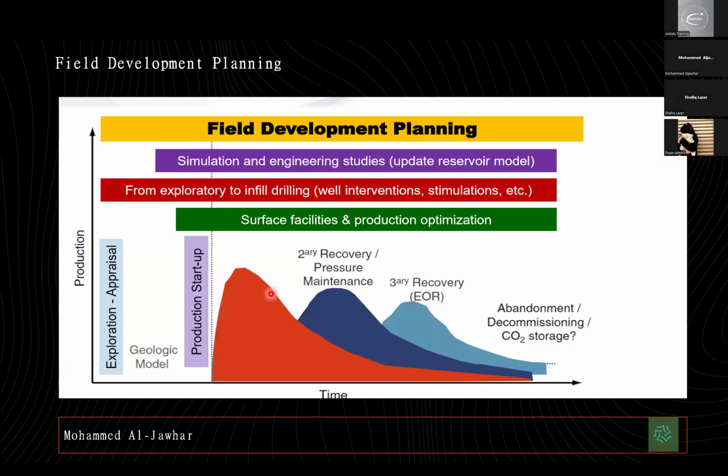So let's see this illustration. You can see from the exploration and appraisal stage going to the first production startup. Between those two, we already explained it.